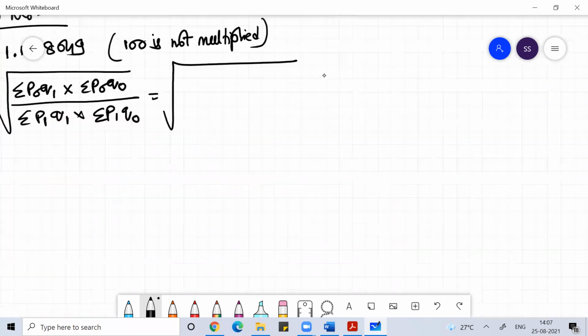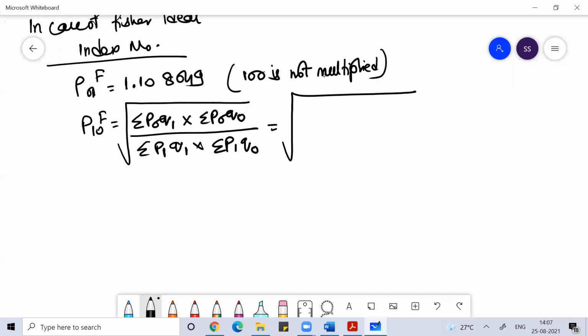So P0Q1 is 1271 into P0Q0 1154, divided by P1Q1 1408 into P1Q0 1279.